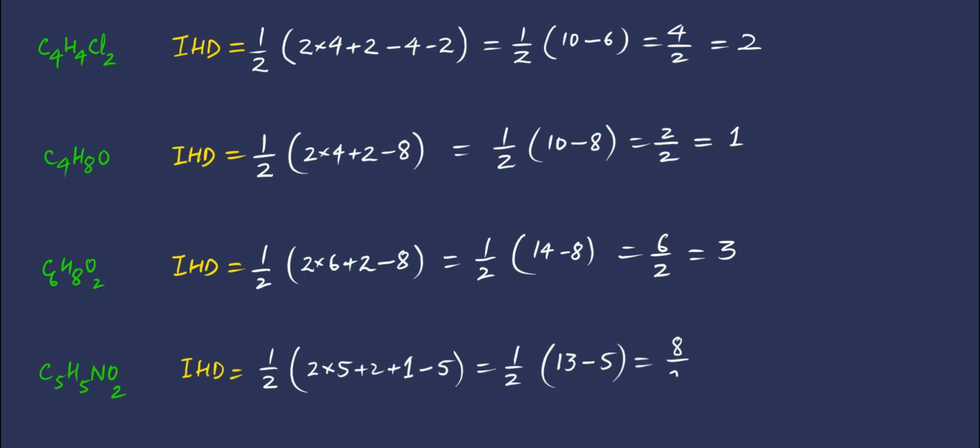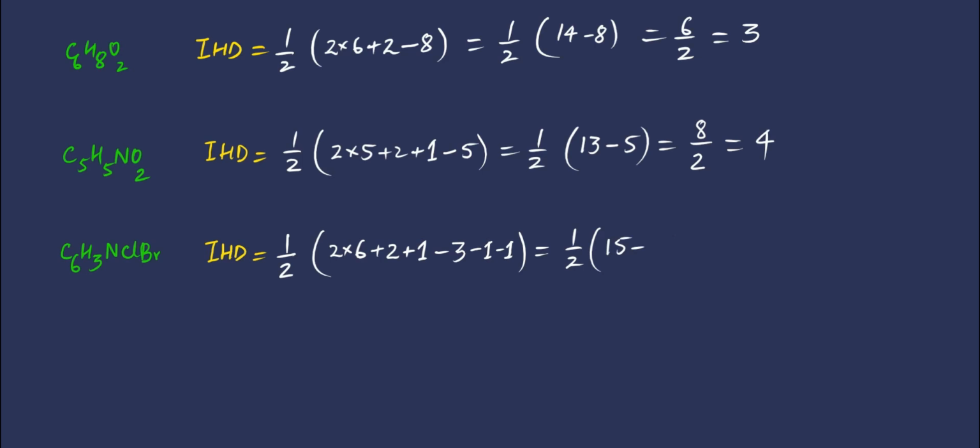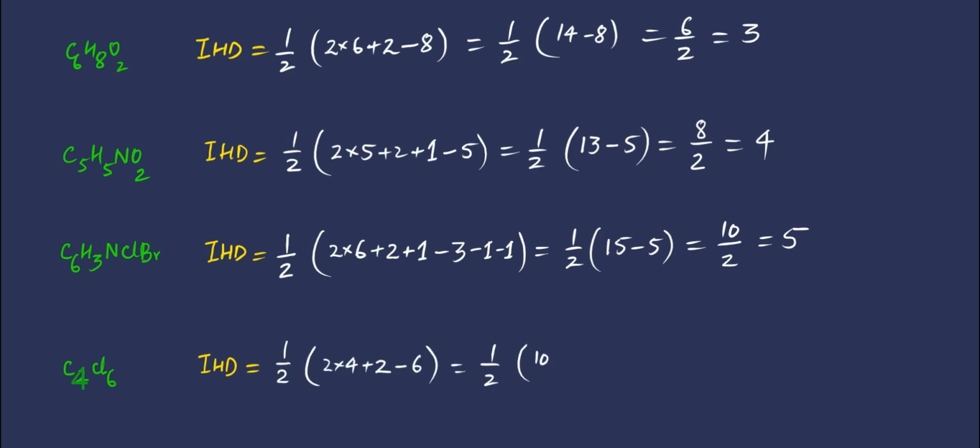This comes to 4. For C6H3NClBr, IHD equals half of 2 times 6C plus 2 plus 1N minus 3H minus 1 chlorine minus 1 bromine, which becomes 5. For C4Cl6, IHD equals half of 2 times 4C plus 2 minus 6 chlorine, which becomes 2.